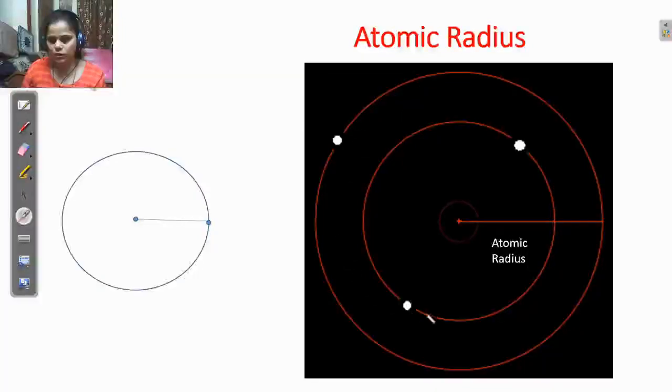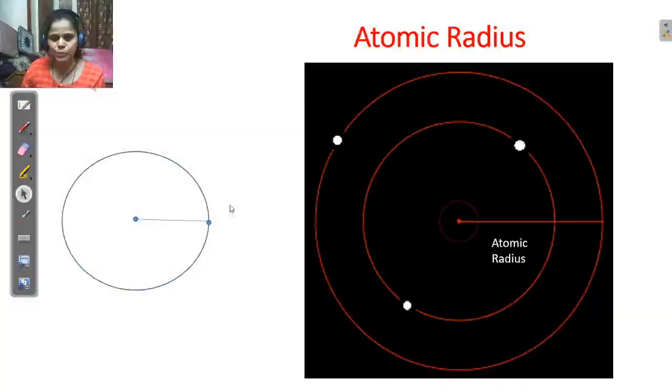This is your atom. Here there are two shells, 1 and 2. This is your nucleus, the center of the nucleus. So the atomic radius is the distance between the center of the nucleus and the outermost shell.